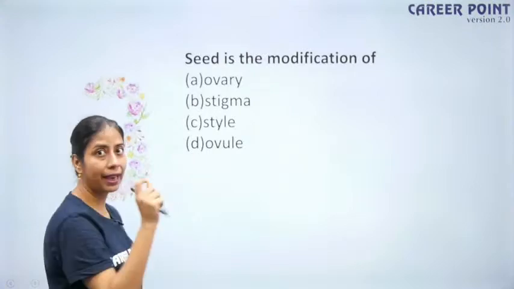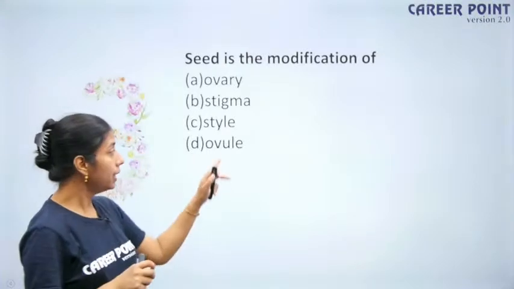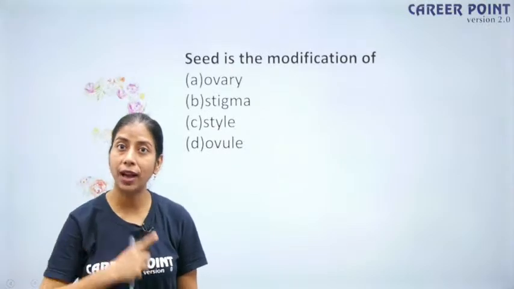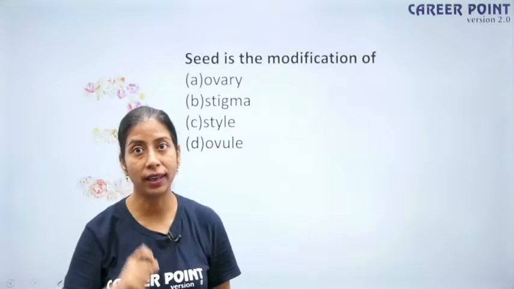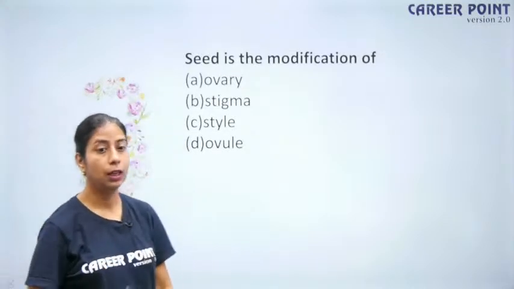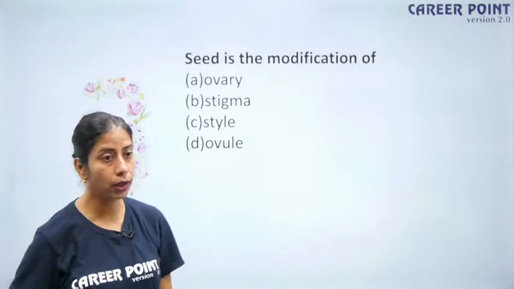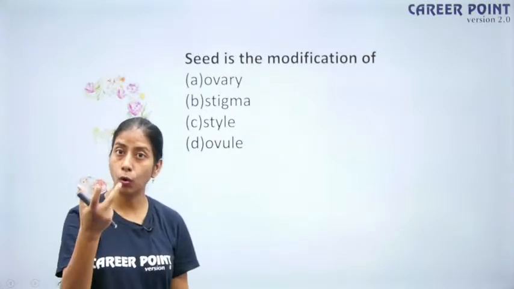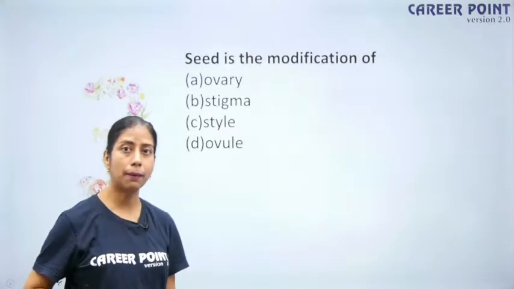तो यहाँ पे ये याद रखना है, ये बहुत confused होते हैं अक्सर. यहाँ पे ovule gets modified into seeds and ovary gets modified into fruits. So please don't get confused in the future. ये ध्यान रखें, जो ovary है वो fruit बनाएगी और जो seed है वो ovule से बन रहे हैं.